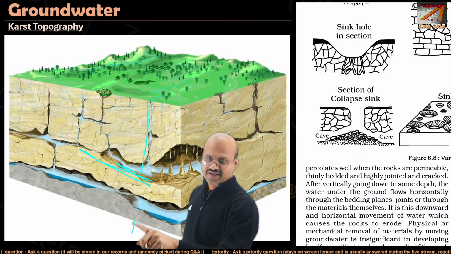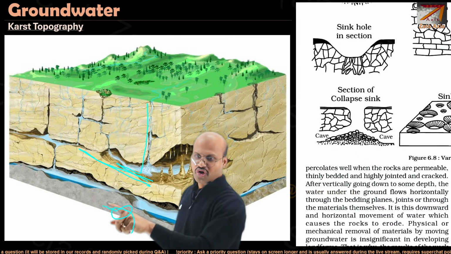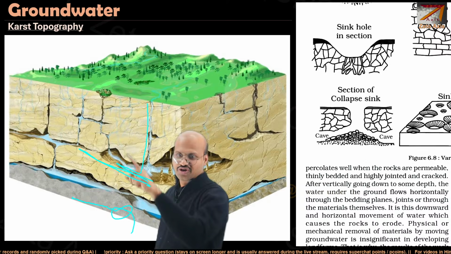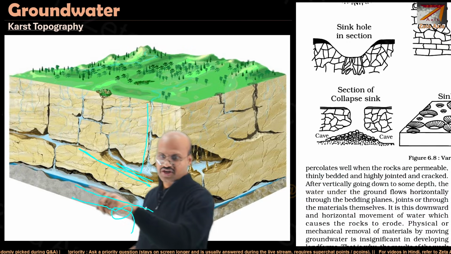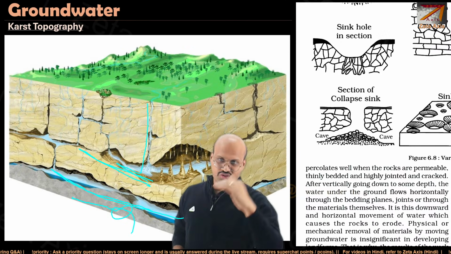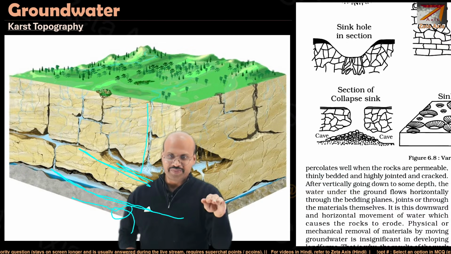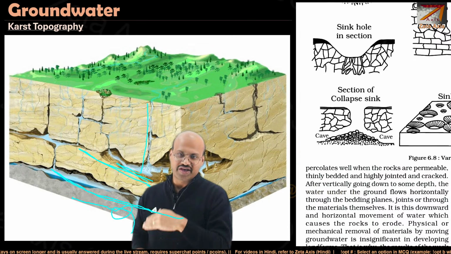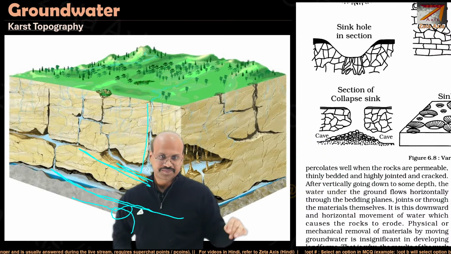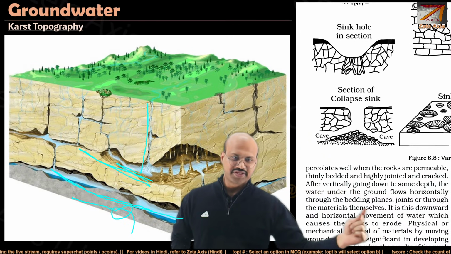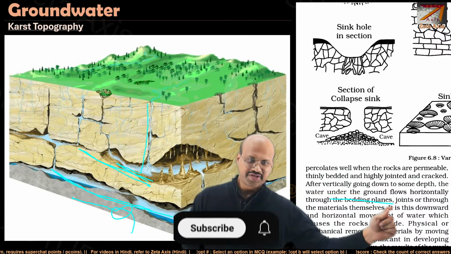Here you can see there is another layer of rock which is more resistant than these rocks, so the water will flow horizontally over this layer. So the water moves vertically downwards and then it finds a bedding plane where it will flow horizontally through the bedding planes, joints, or through the material themselves.